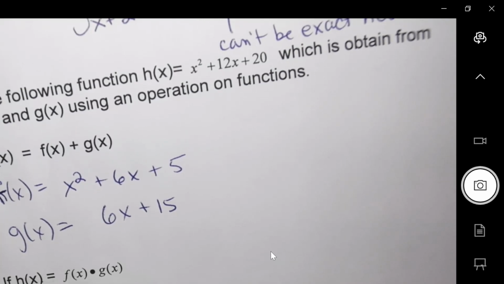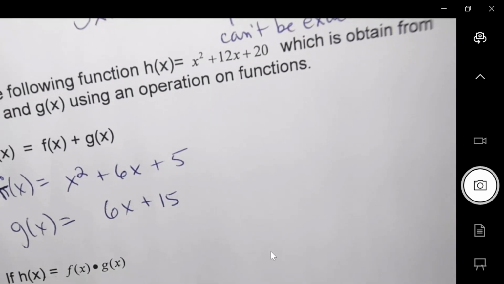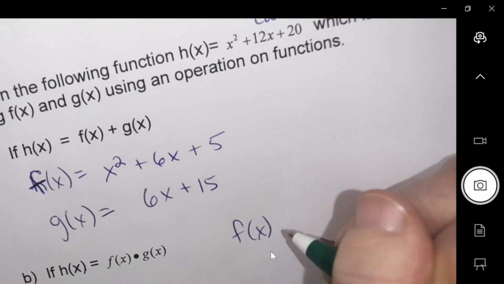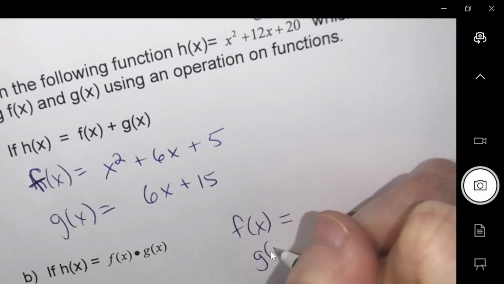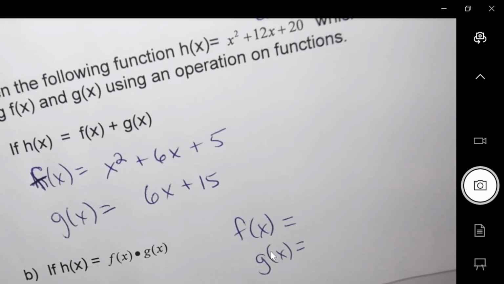Okay, everybody probably has a different answer. That's great. Just make sure that you add them up. It makes that.